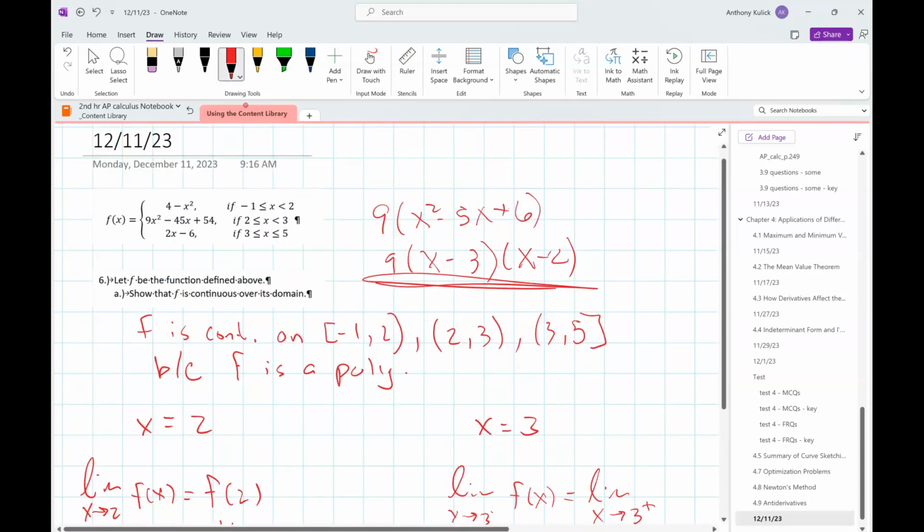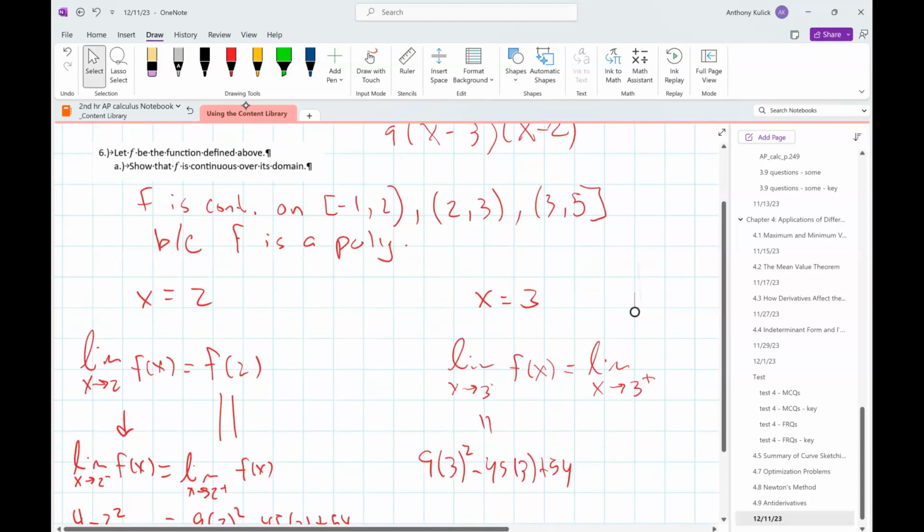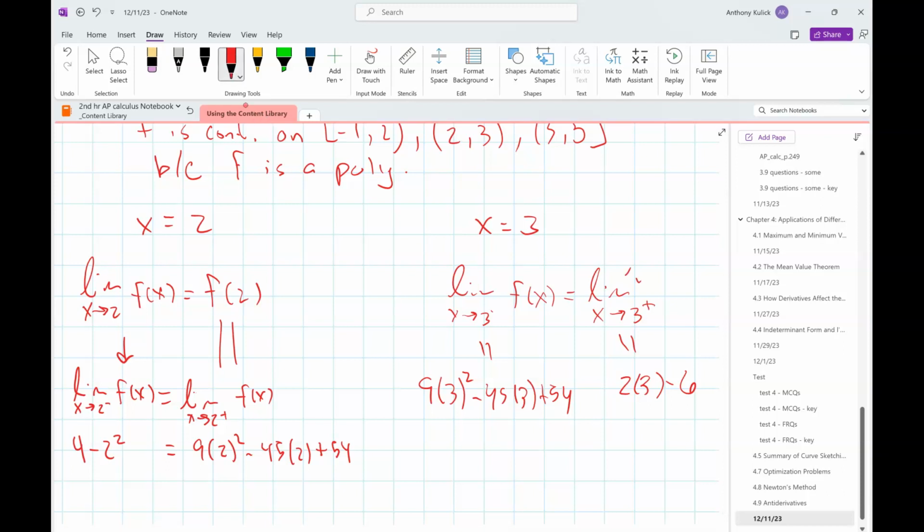I'm plugging in up here, and I can immediately see it's got to be 0, right? And then I'll plug in the right hand. So we're good there, especially since this is f of 3 also, right? Is everybody okay with how we did that?